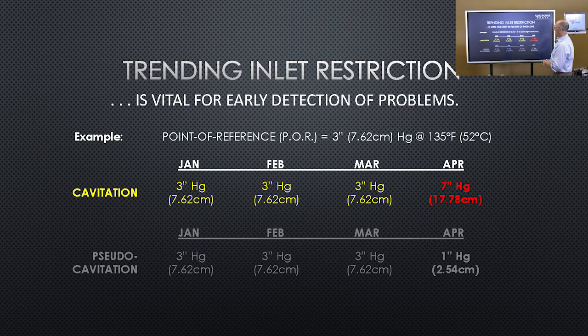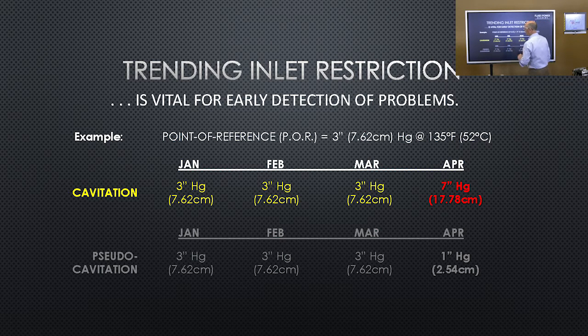Now, what I would like to do is go back to what we determined on the MF102. We determined that the inlet restriction point of reference is 3 inches of mercury. The manufacturer says we can be no more than 4.